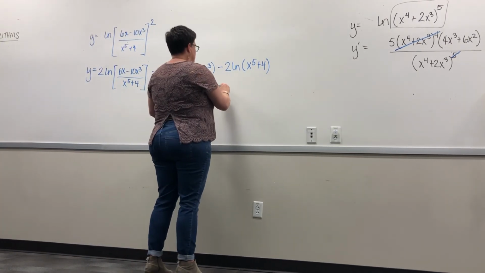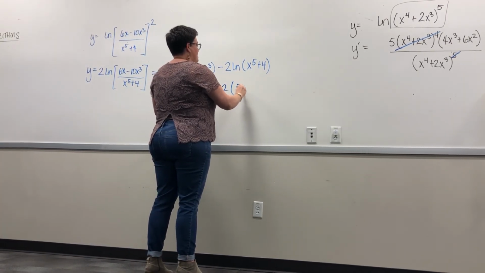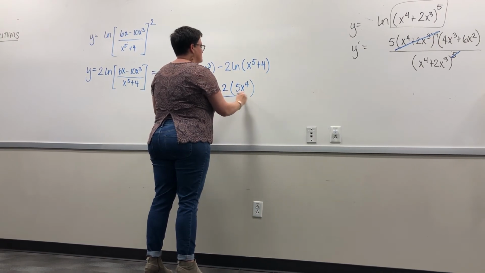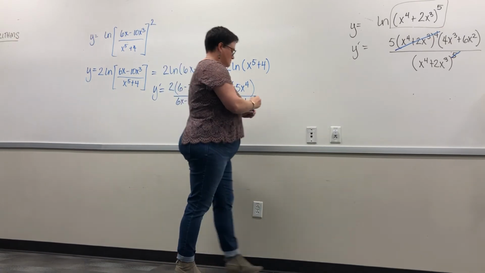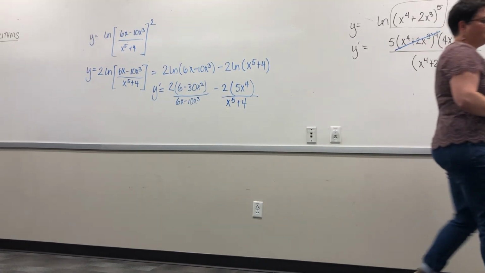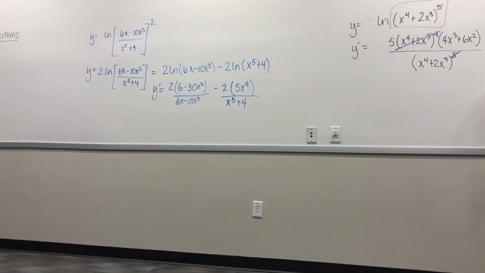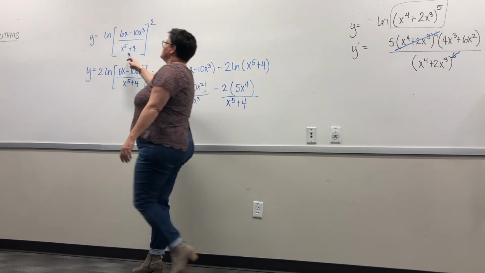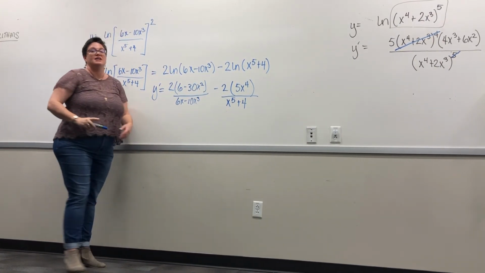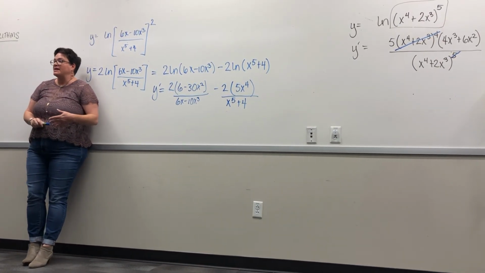Minus 2 times 5x to the 4th divided by x to the 5th plus 4. I'm giving you guys tools to turn a god-awful derivative into something that's really manageable. We break it down into bite-sized pieces.